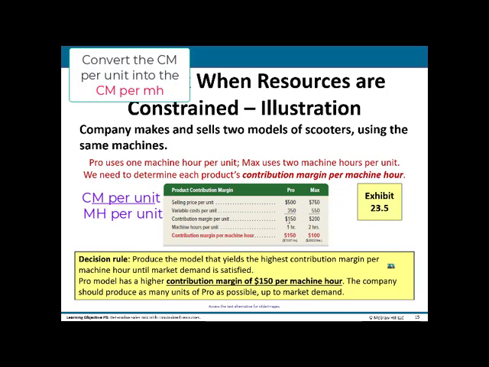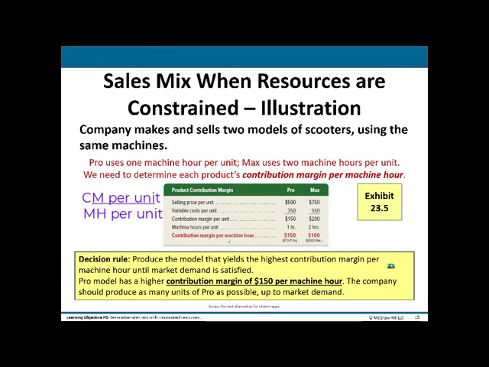So we took that contribution margin per unit and we divided by the number of machine hours per unit. That gave us the contribution margin per machine hour. In this case, the Pro model has a much more profitable contribution margin when the scarce resource is viewed. In fact, it is 50% higher than the Max is.